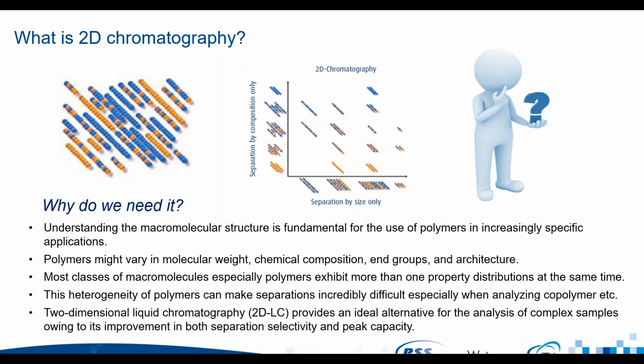So if we look at this example on the left with the blue and yellow polymer chains, if we take this to be what we can describe as a relatively complex polymer sample, and I'm using air quotes, that's open to interpretation how complex that polymer sample would be, but essentially something that contains multiple chain lengths and several varying compositions.